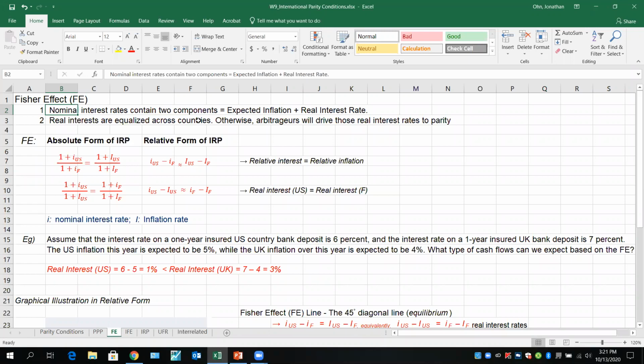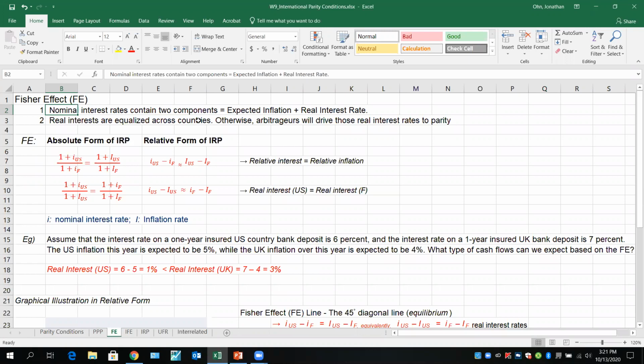When you evaluate two different investment alternatives, you look at real interest income or real rate of return. Now, in an equilibrium condition, real interest rates are equal across different countries.